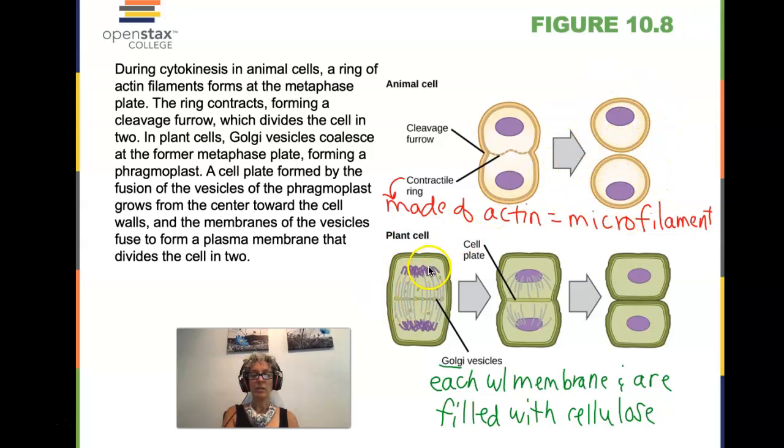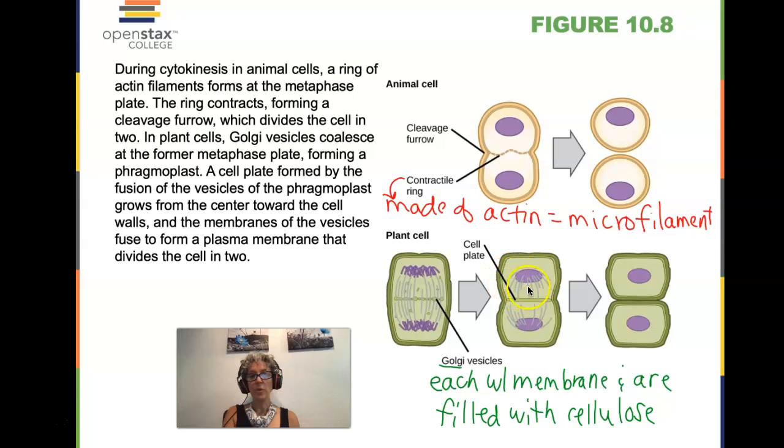In a plant cell, as we're getting to anaphase, we get vesicles from the Golgi that are membrane-enclosed sacs, and inside that sac is cellulose. And cellulose is the component of plant cell walls.